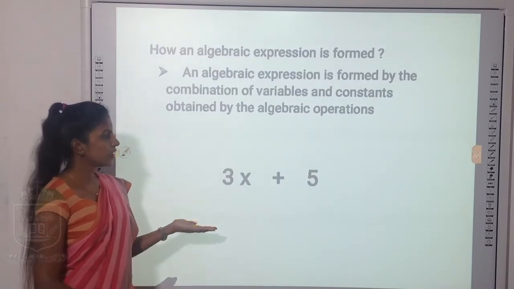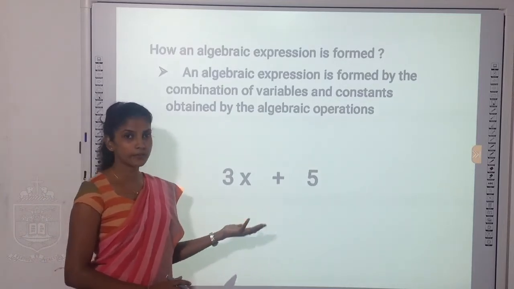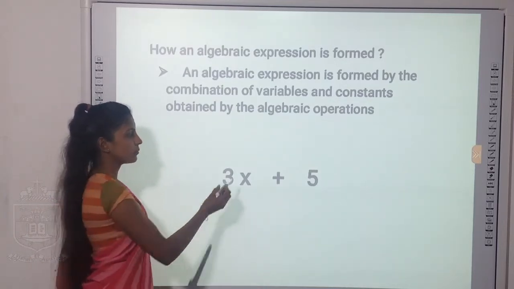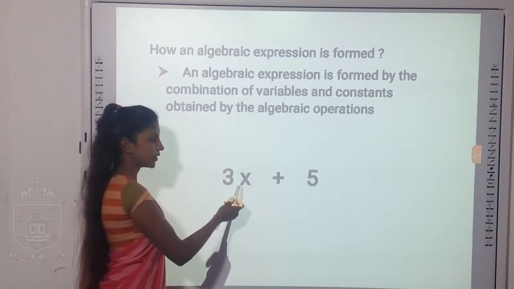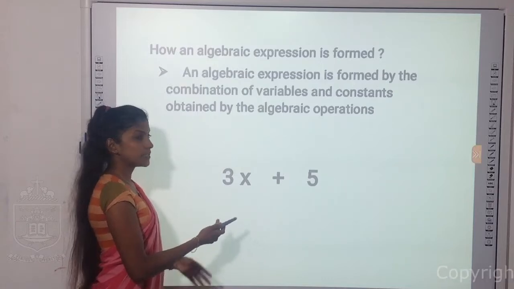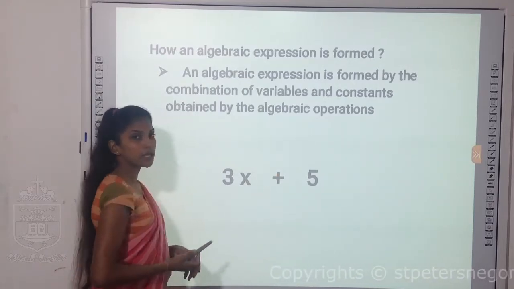In here you can see I have taken an example, 3x plus 5. Here 3 and 5 are numbers, and this x is a variable, which means not a number, it's a letter, and here you have the plus mark.